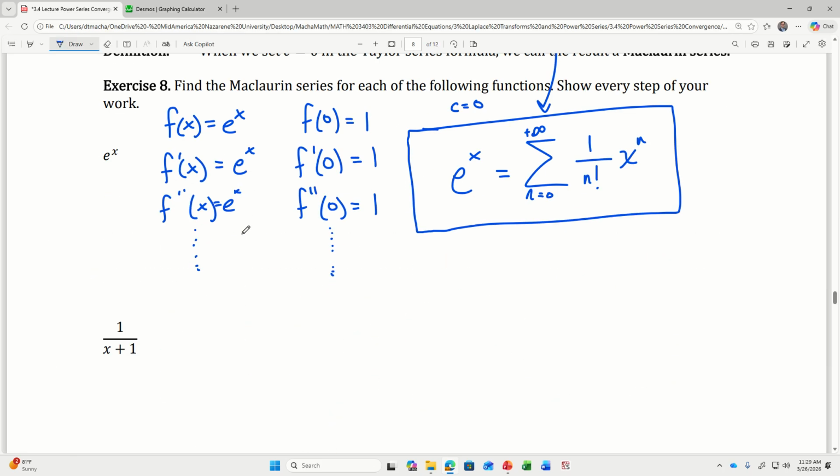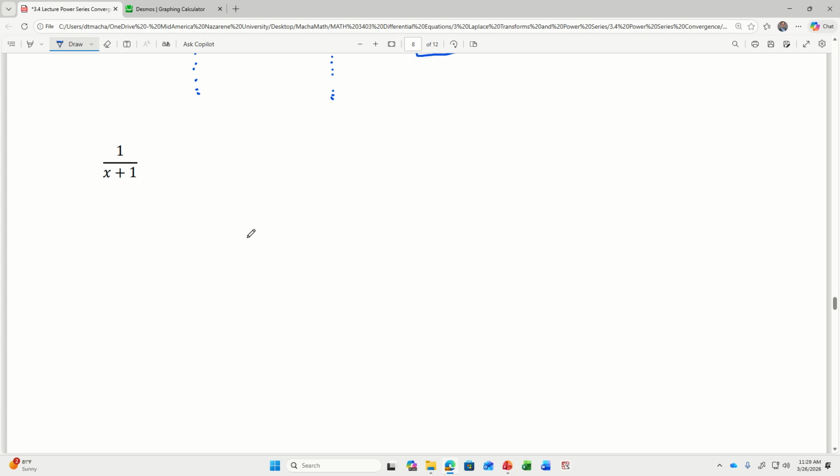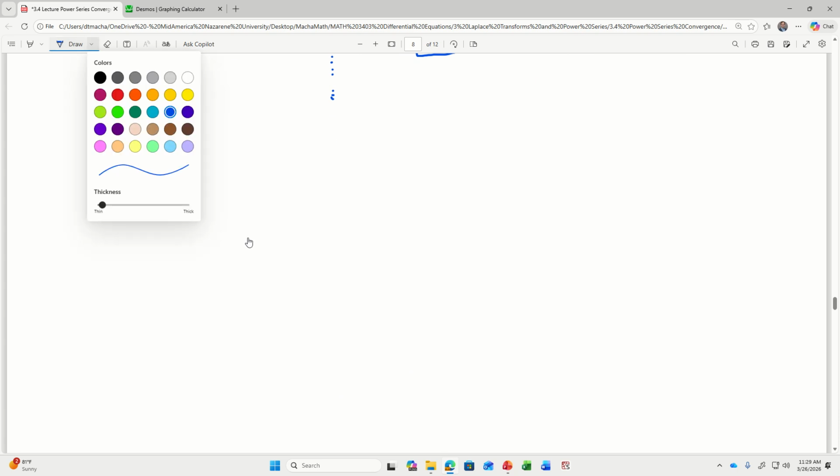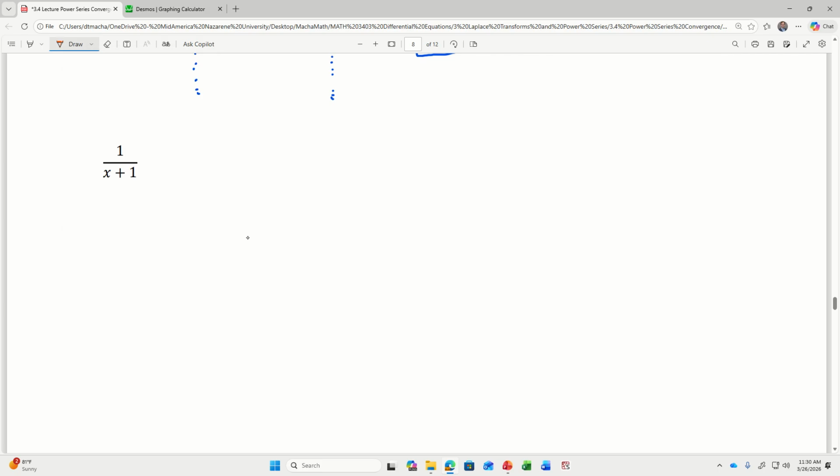What else? What about this one? 1 divided by x plus 1. This is a favorite example of mine in Calculus 2 because I could write it as 1 divided by 1 plus x. And then you remember how to do polynomial long division? You can write 1 divided by 1 plus x like that.